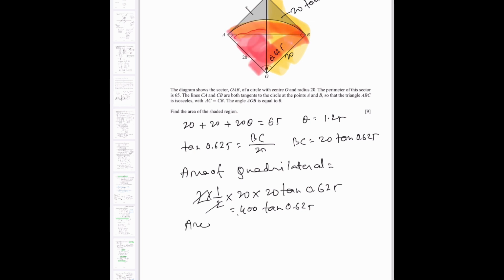Area of sector equals half r squared theta, with theta 1.25.